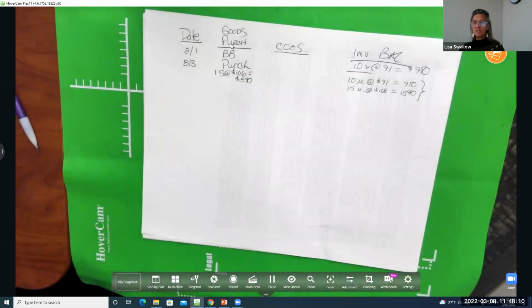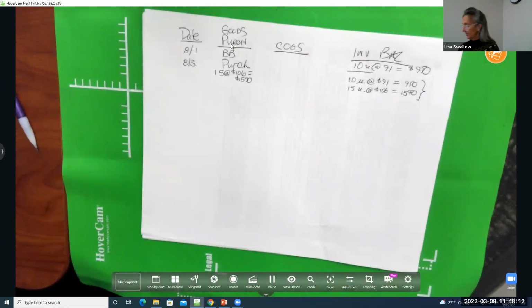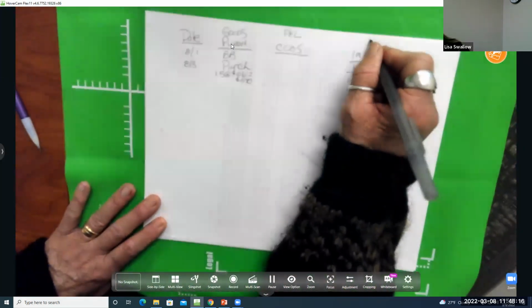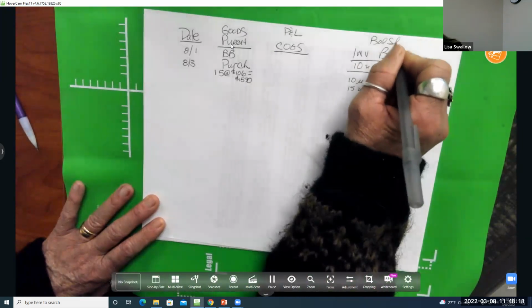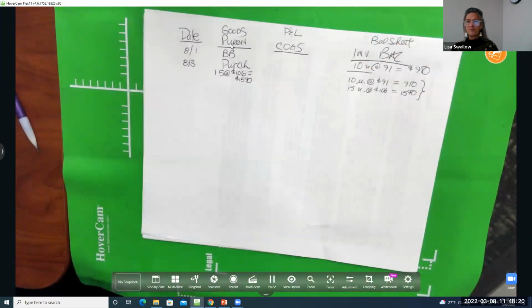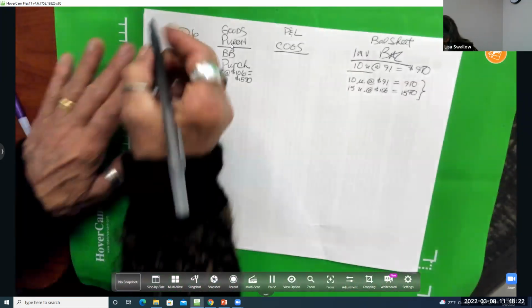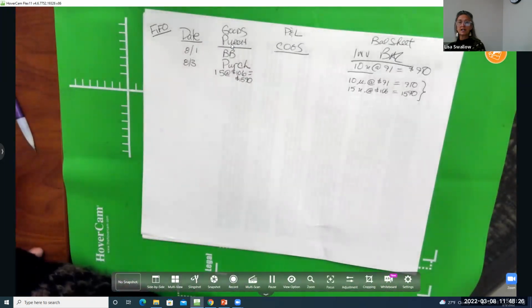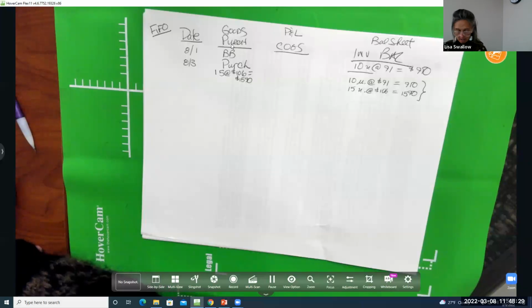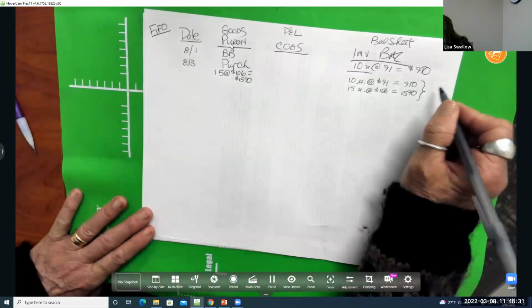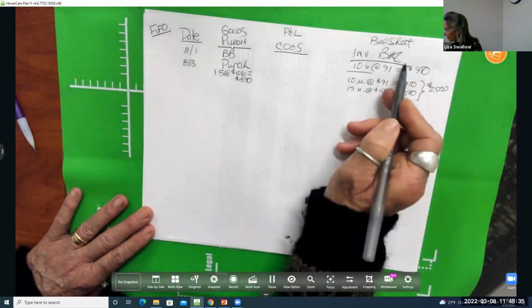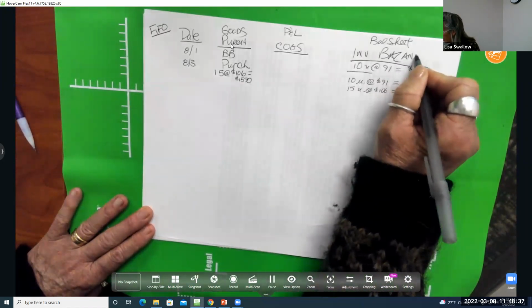So add those numbers up, and that's what I've got in inventory. And this is assuming FIFO. We're practicing FIFO, first in, first out. So if you did the math on that, I've got $2,500 sitting on my balance sheet. That's my inventory balance right now.